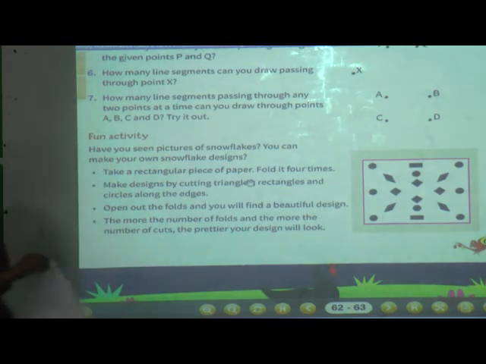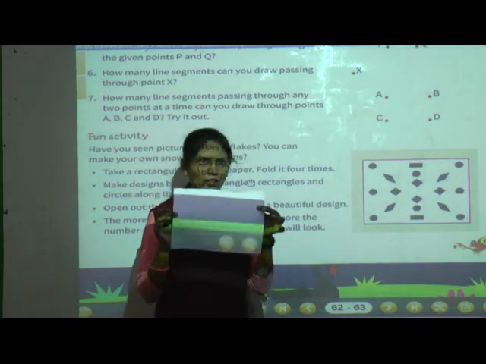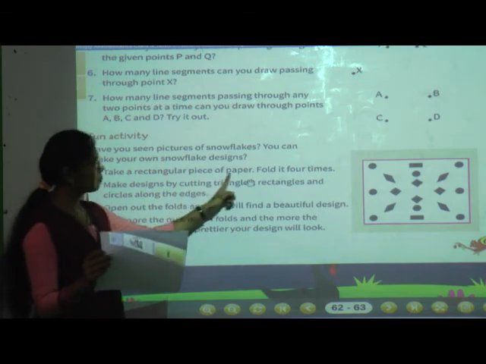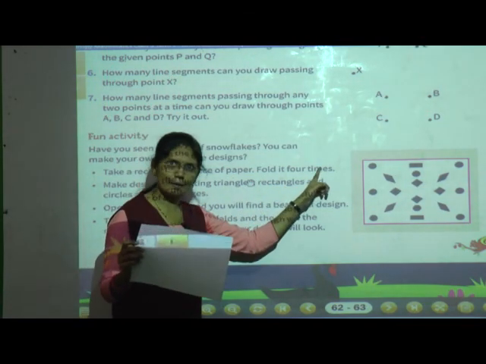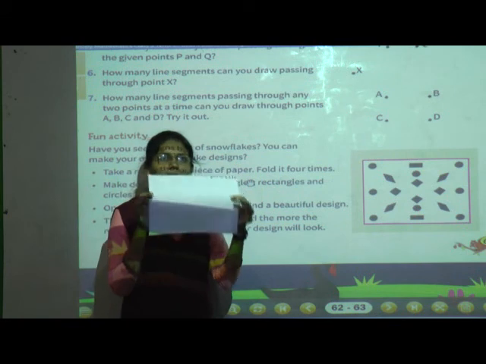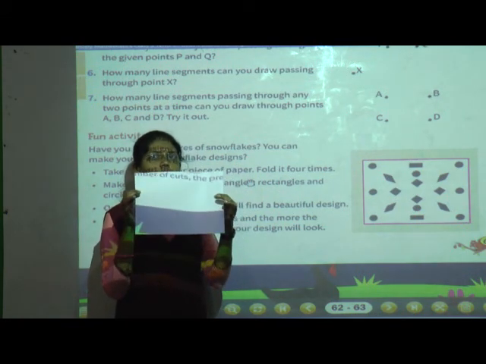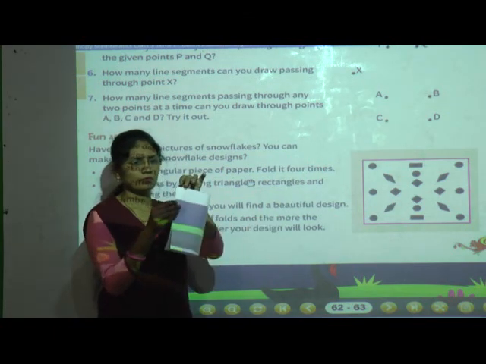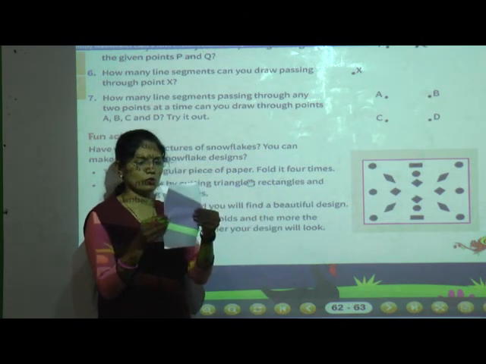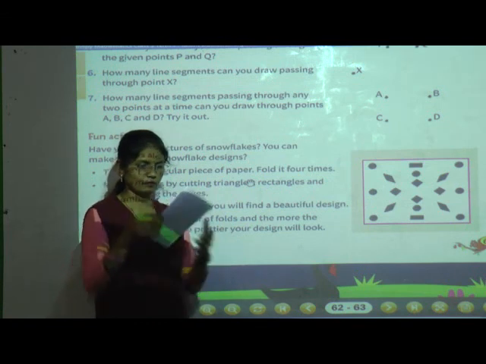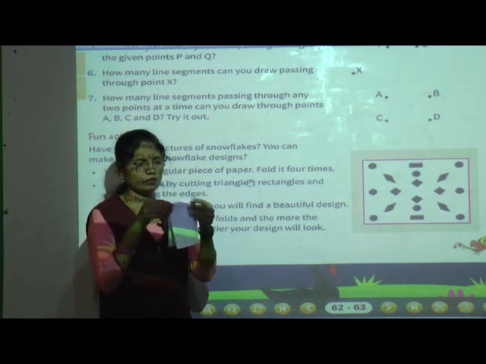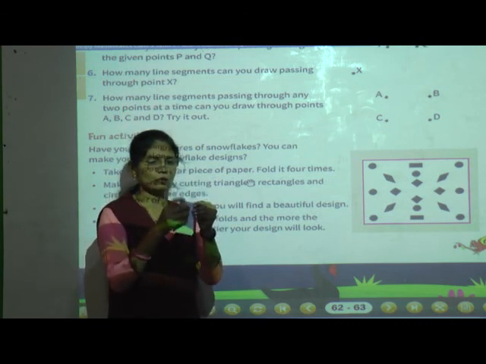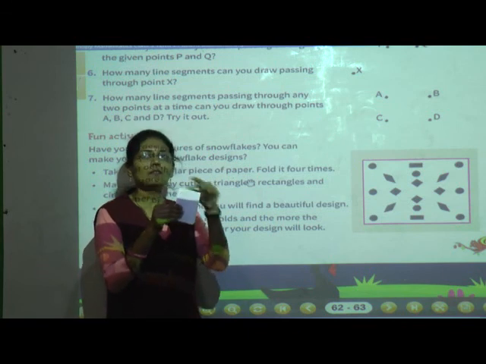Take a rectangular piece of paper and fold it 4 times. 1, 2, 3 and 4. In this way you have to fold this rectangular paper 4 times.